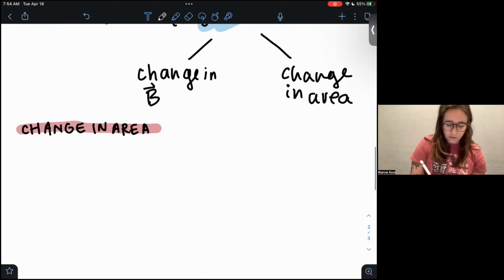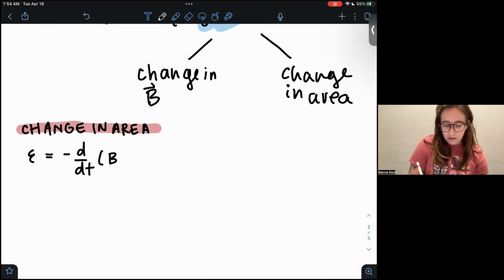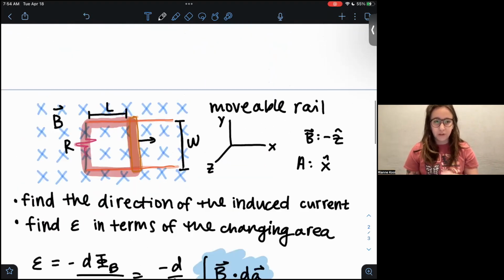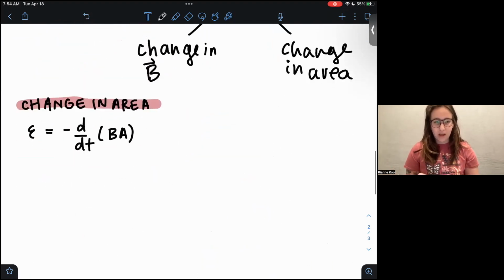So what's that going to look like? It'll look something like this: E equals negative d dt of B times A. If we were at some angle, we would add a cosine theta to that. But since the area and the magnetic field are perpendicular to each other, I'm just going to have it as BA.